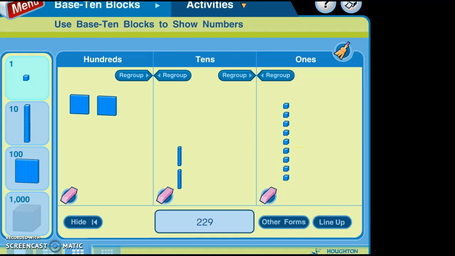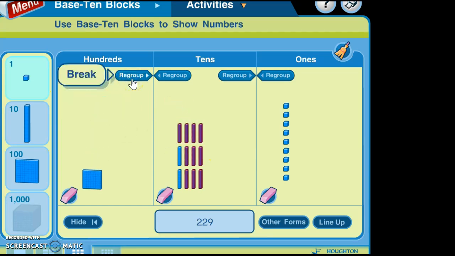I can take away 5 ones. I also need to take away 4 tens. I don't have enough, so I need to regroup one of my hundreds into 10 tens. So now I can take away 40. 1, 2, 3, 4. And I still need to take away 100. So I'm left with 89.